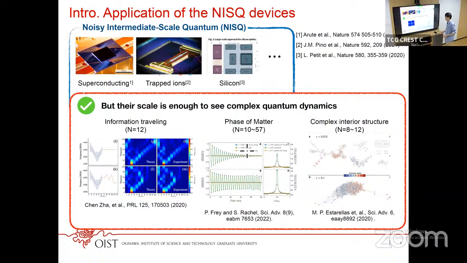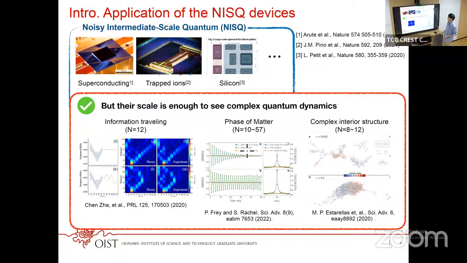NISQ devices have also been used to realize a new phase of matter, as I explained in the last talk, like a time crystal. And time crystals have been realized in many other platforms, for example superconducting qubits, trapped ions, or NV centers.